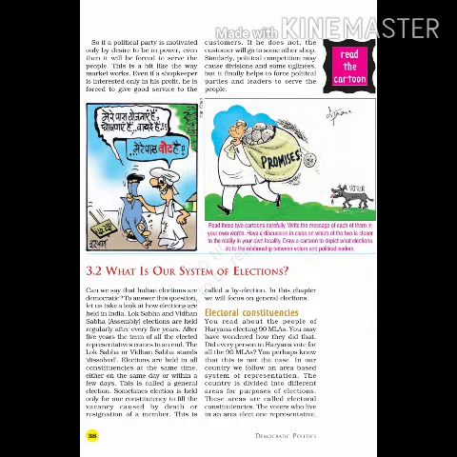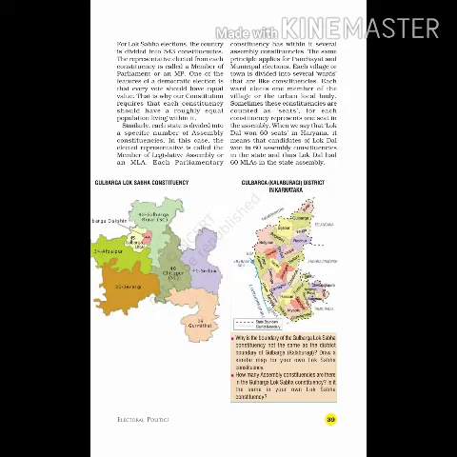Electoral constituency. India is divided into different areas for the purpose of elections. These areas are called electoral constituencies. The voters living in an area elect one representative. For Lok Sabha elections, India is divided into 543 constituencies.